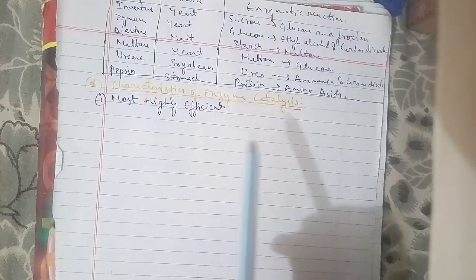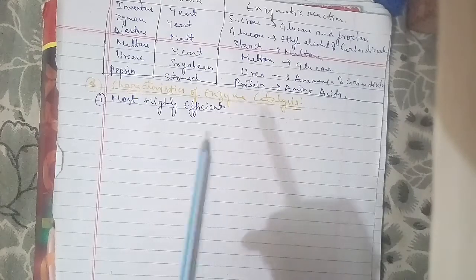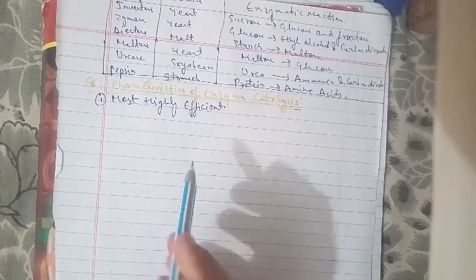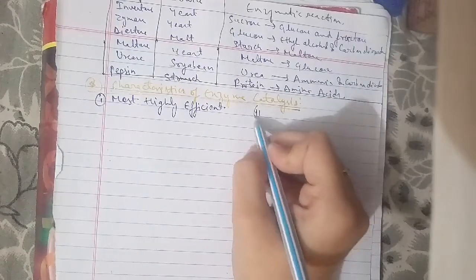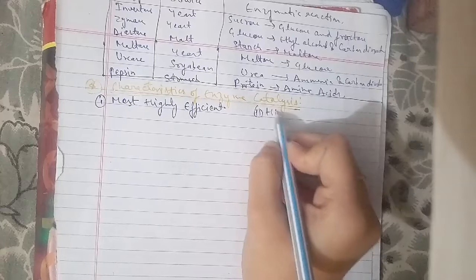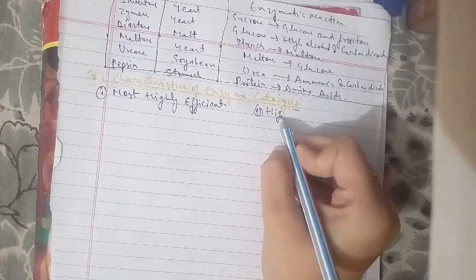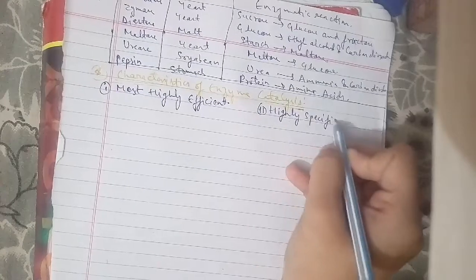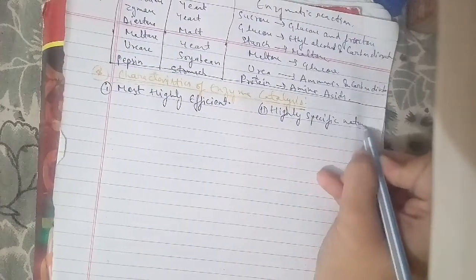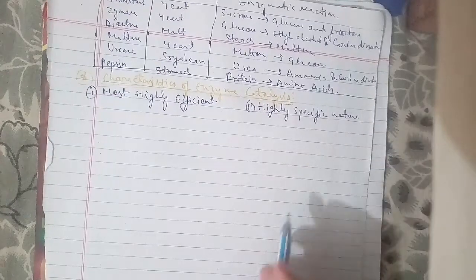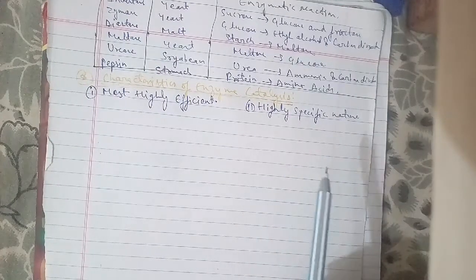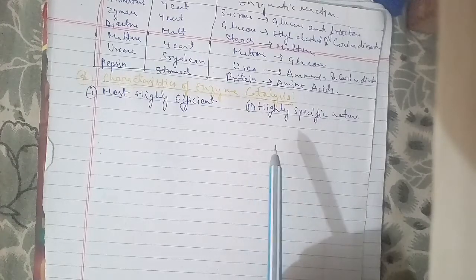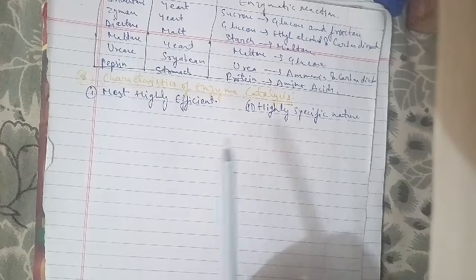The third is that it is highly active under optimum temperature. The rate of an enzyme reaction becomes maximum at a definite temperature, called the optimum temperature.